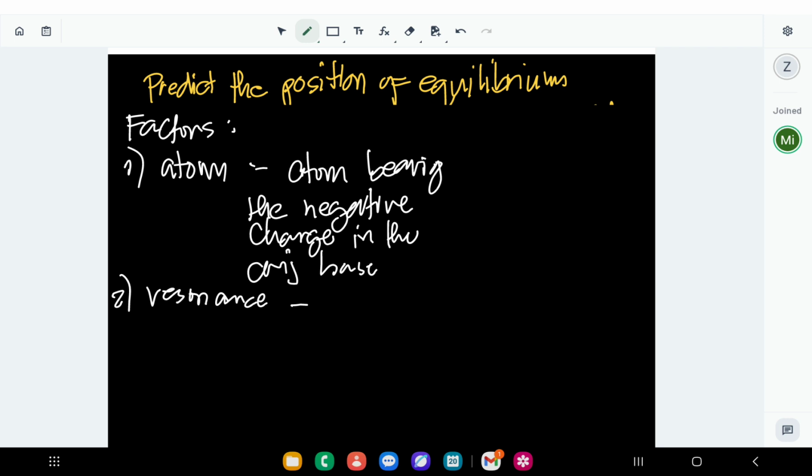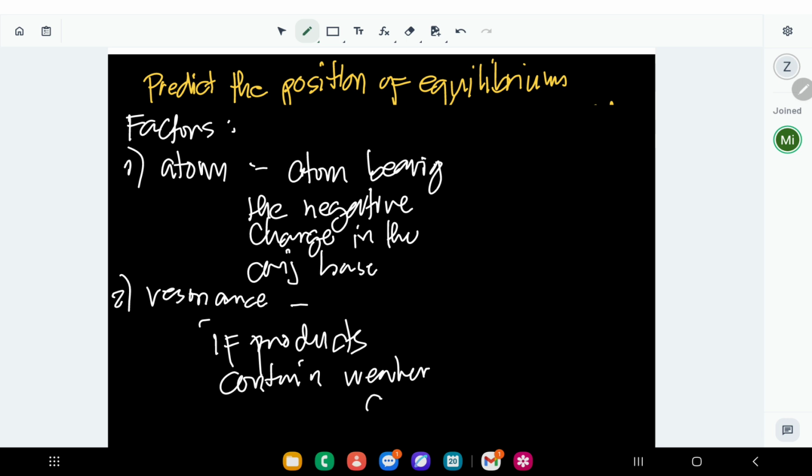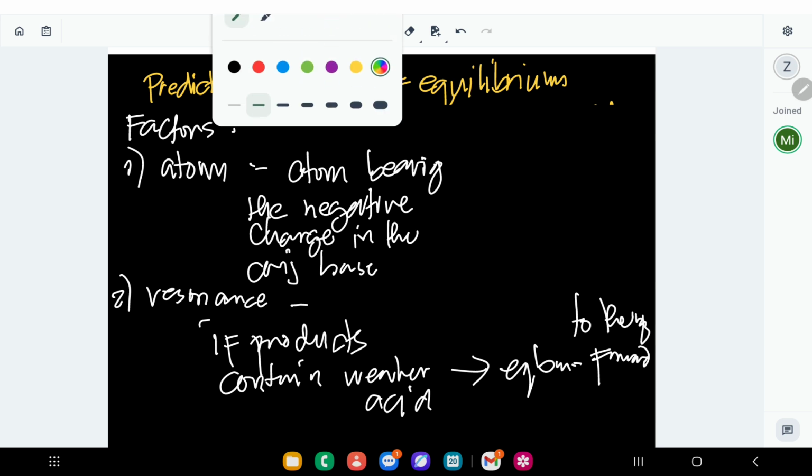The reverse reaction is favored if the products contain stronger acids. If the products contain weaker acids, then equilibrium is to the right, the forward reaction, so it would be easier to understand.